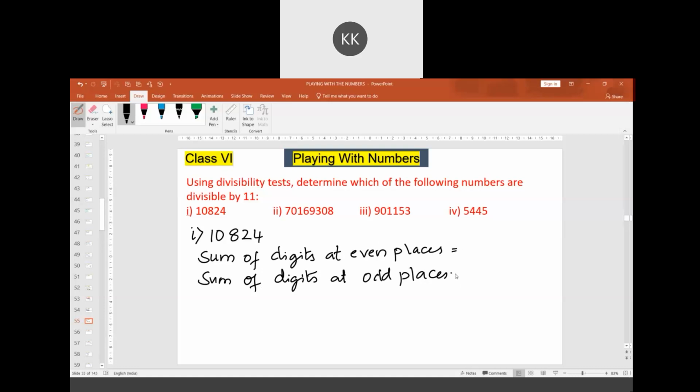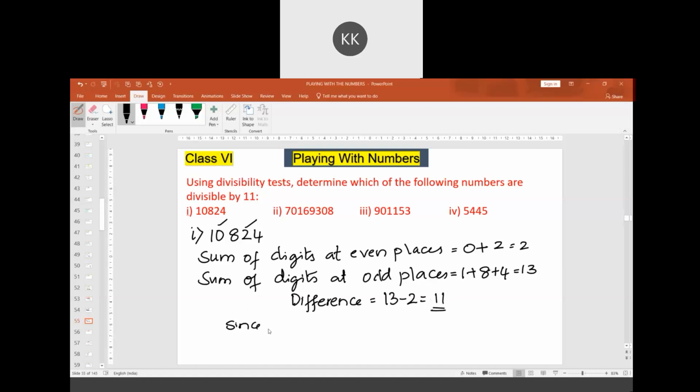Here, what is the sum of the digits at even places? It is 0 plus 2, which is 2. Odd places, we have 1 plus 8 plus 4. The sum is 9 plus 4, which is 13. Now we need to find the difference. Here the difference is 13 minus 2, which is 11. It is a multiple of 11.